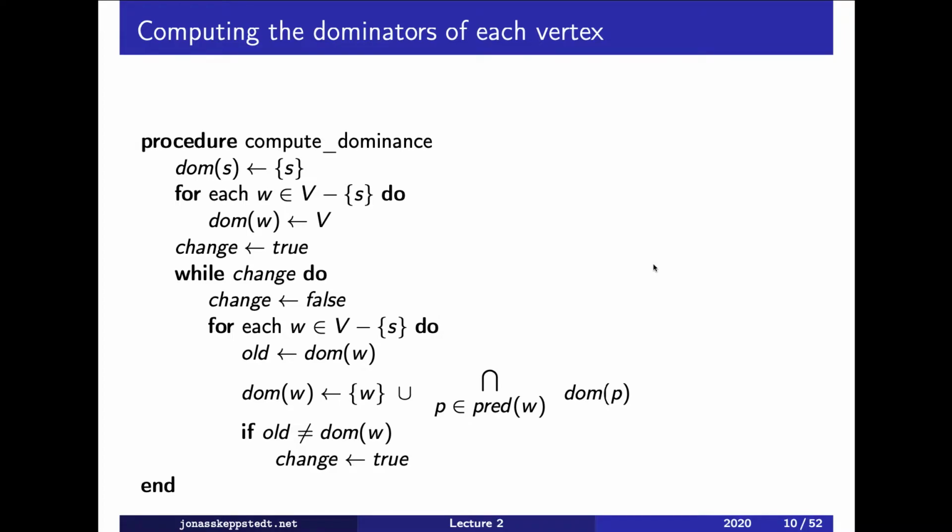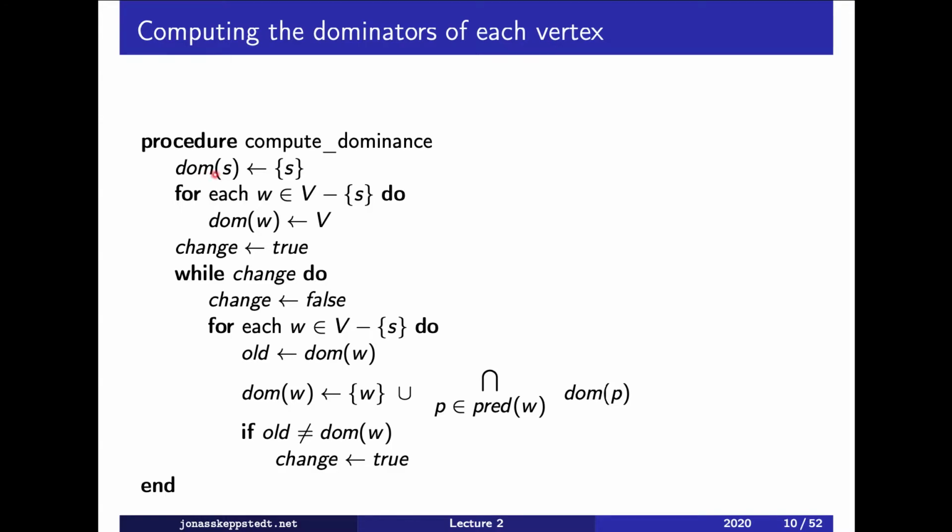I mean, we remove those which do not dominate the node. This might look confusing at first, but with an example, it will become obvious. Okay, so this is a way to compute DOM for each vertex.